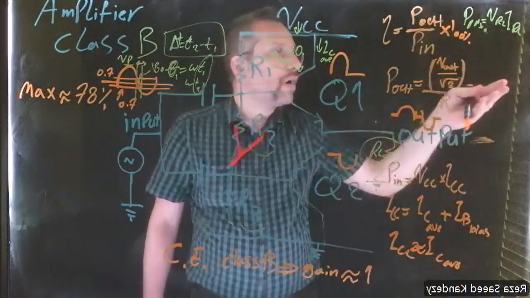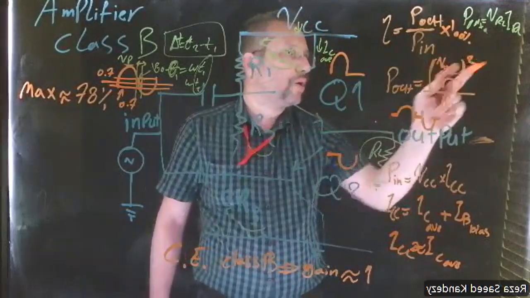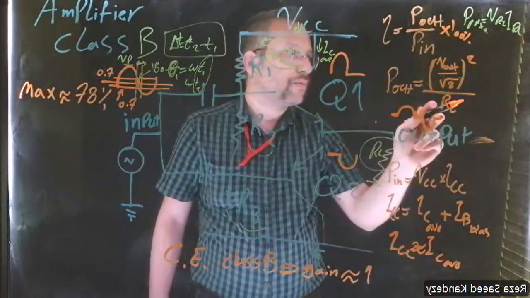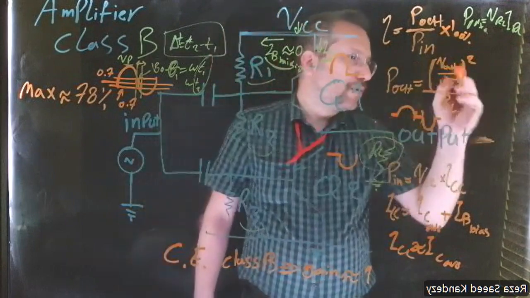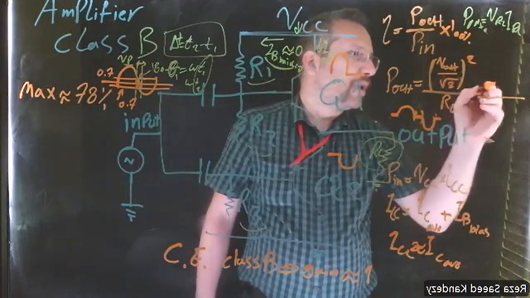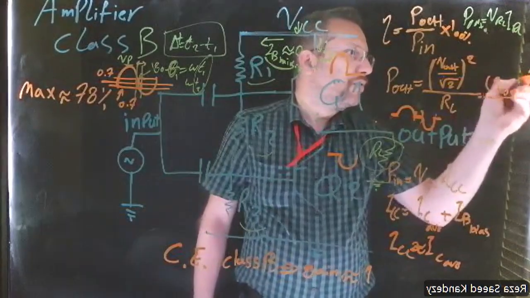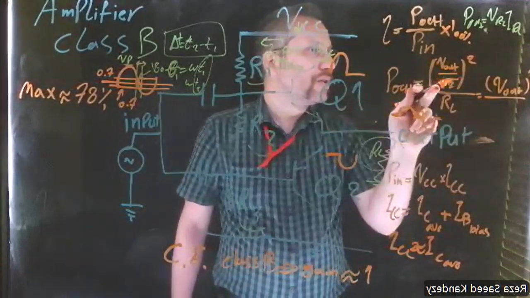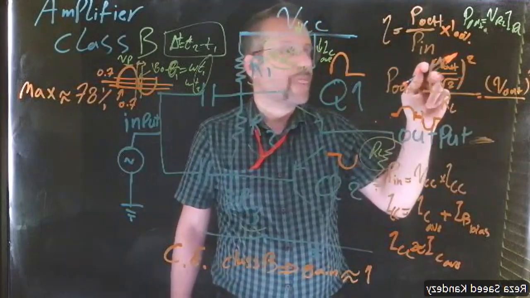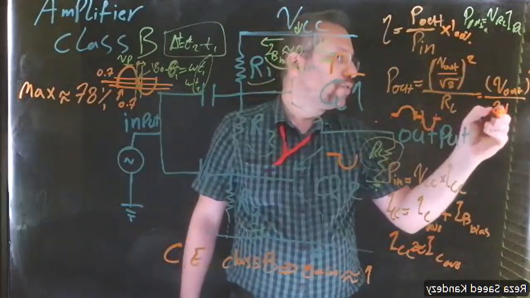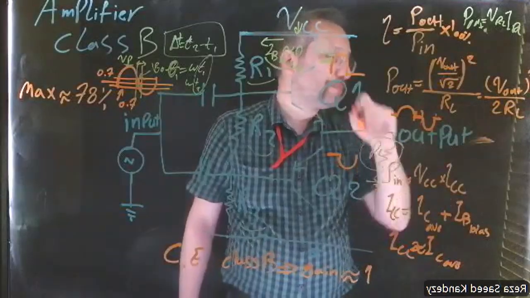Using Ohm's law, it is going to be the voltage across the load squared over the load. If we simplify that, it's going to be V out over the square root of 2, squared, because we want to calculate the RMS, over R L. So this is going to be our P out.